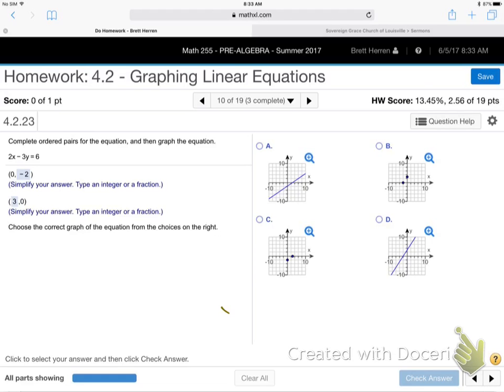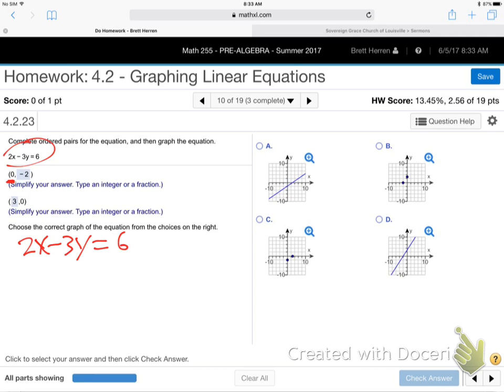Okay. Yeah, this is a good one to do. Okay, so here's what they're doing on this question. They're giving us this equation, 2x minus 3y equals 6. And then they started with 0. Now, I answered the question -2, but could you do that? Let's make sure you can. 2x minus 3y is 6.